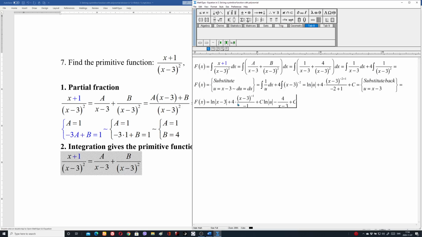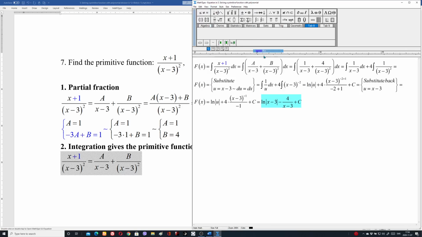But what happened here? Okay, something is wrong. Here will be this one. I will substitute here x minus 3. And this is the solution of this equation, which is right.